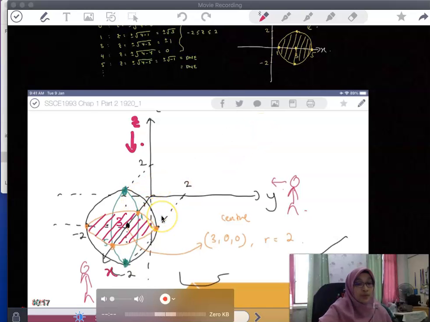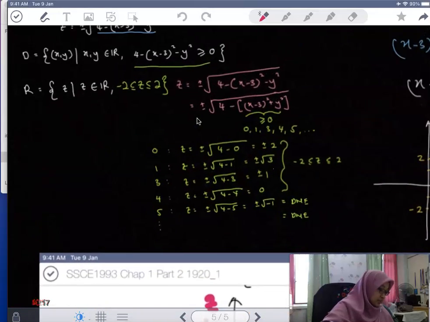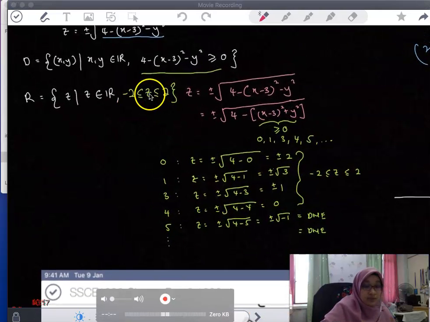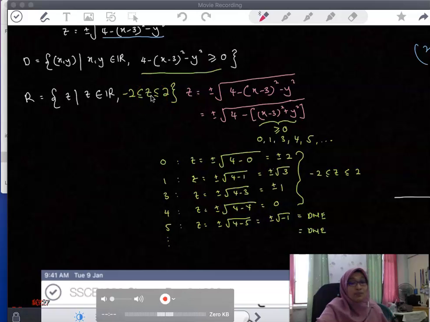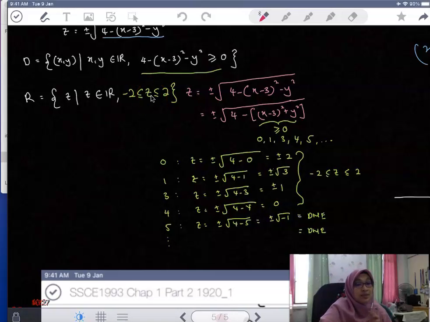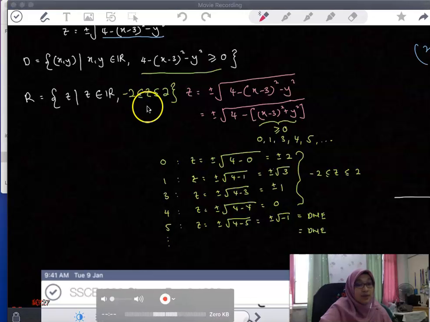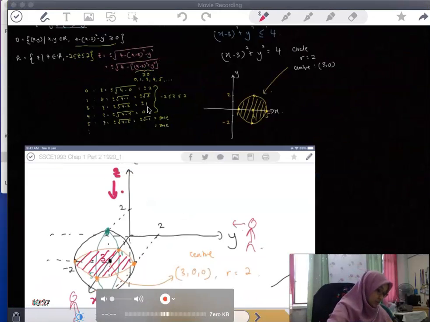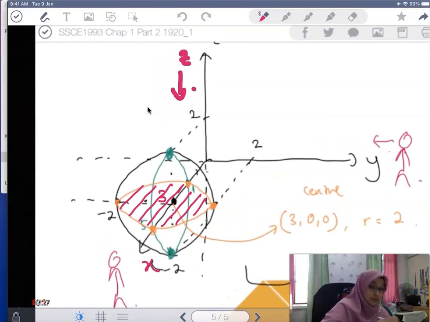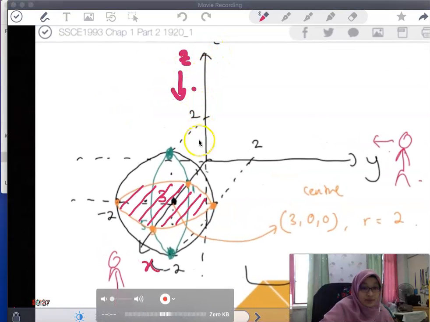Okay, so now what is range? Based on your observation, the range, which is the value of z, is only possible between -2 and 2. When you look at the graph here, where is your z? This is your z.